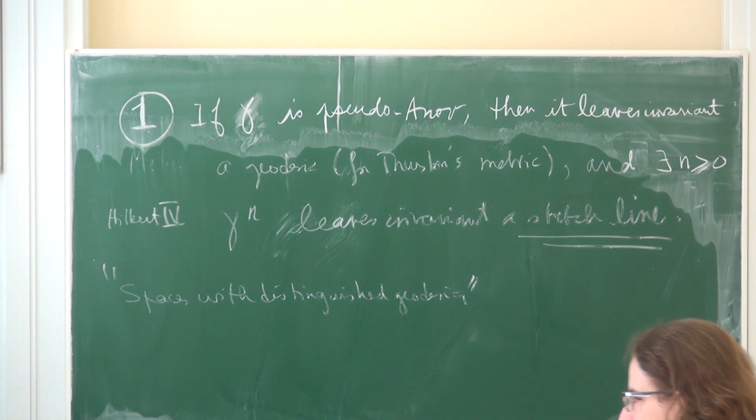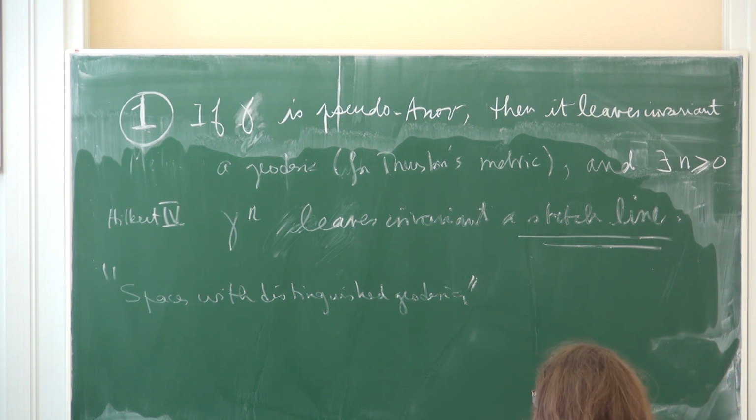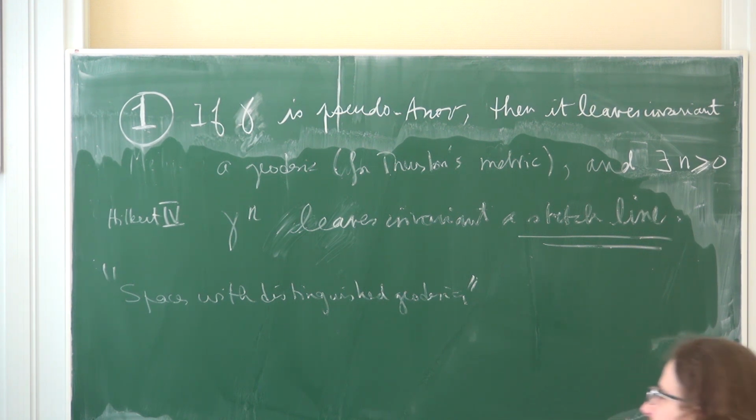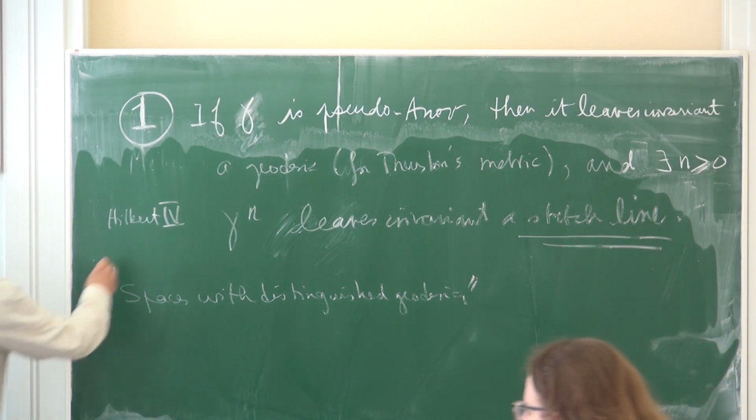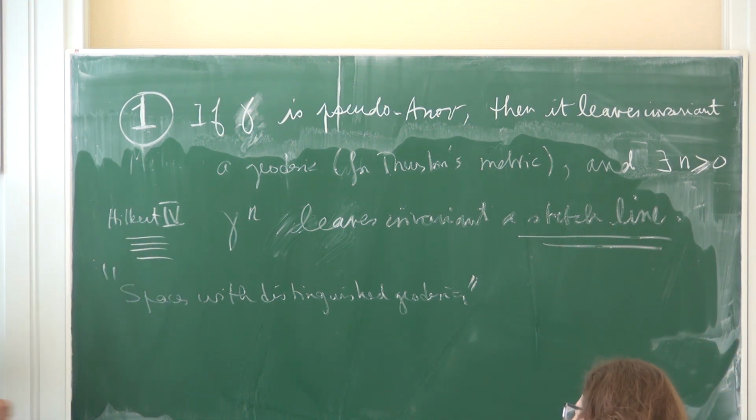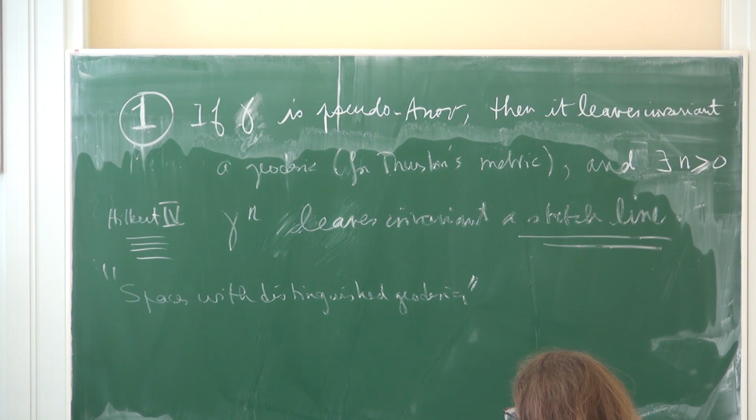This was the first time he came to Russia, and he explained a method of constructing such metrics that satisfy Hilbert number 4, that is, metrics on Euclidean, say Euclidean convex sets. In fact, it's sufficient to consider convex sets where the set of geodesics includes the set of real lines.